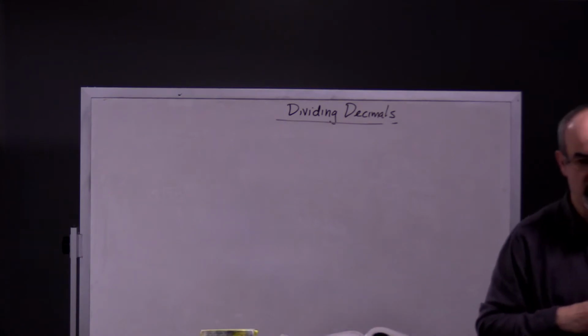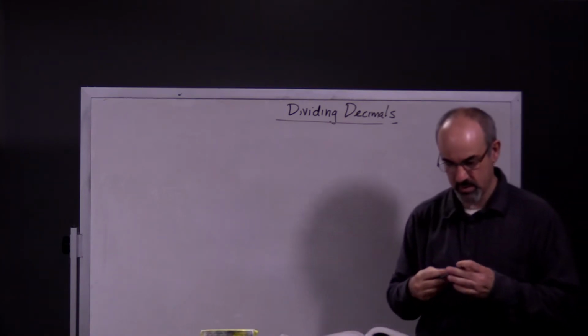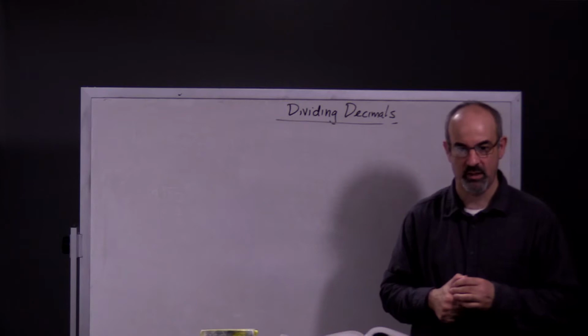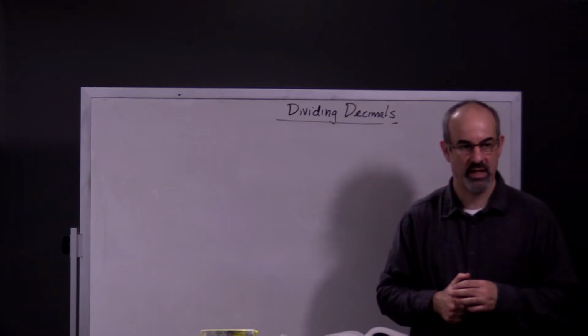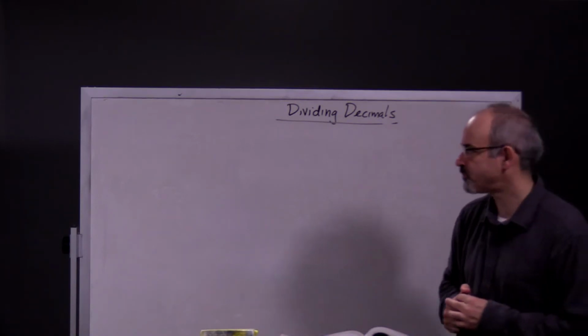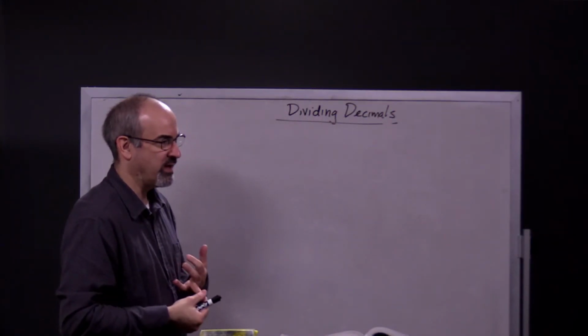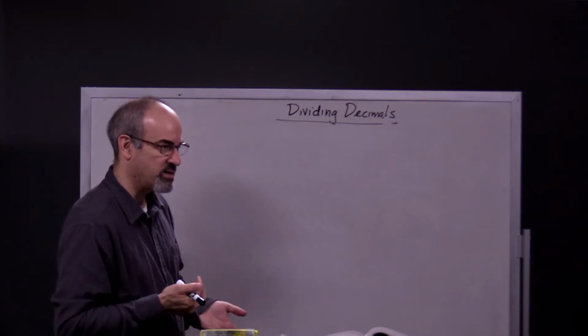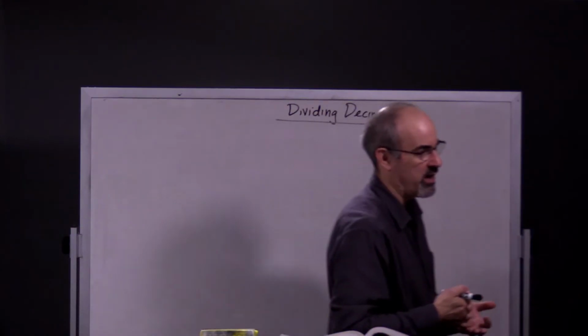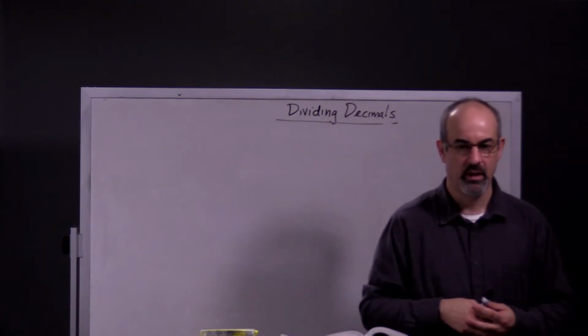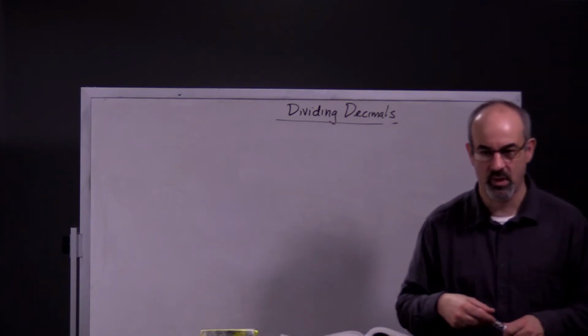One of my favorite examples, I know I've talked about it before, was one day when I was getting gas somewhere, and I wanted to figure out, I had a certain amount of money, and I wanted to figure out how many gallons of gas I could buy based on what the price of the gas was.